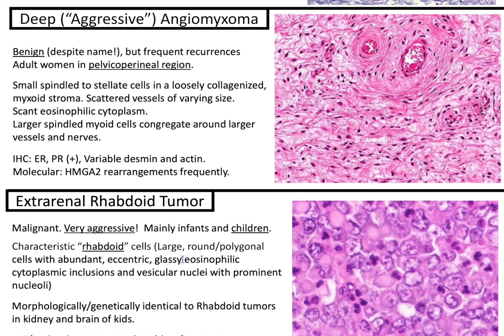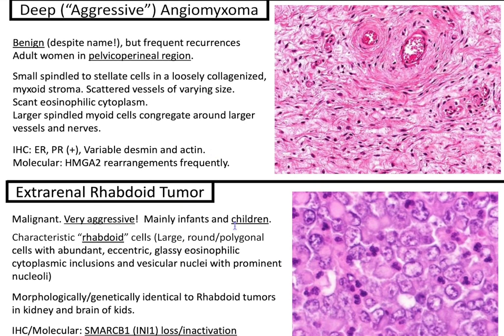Histologically, you'll see these small spindle to stellate cells in a loosely collagenized myxoid stroma. You'll have scattered vessels of varying sizes and scant eosinophilic cytoplasm. You'll see larger spindled myoid cells congregate around larger vessels and nerves. IHC-wise, it'll be ER/PR positive with variable desmin and actin, and molecularly, you'll have oftentimes an HMGA2 rearrangement.